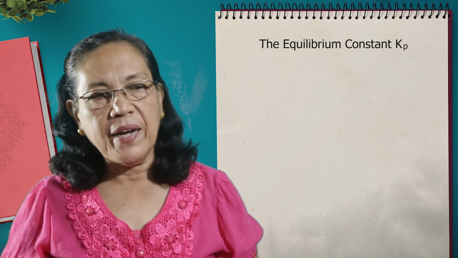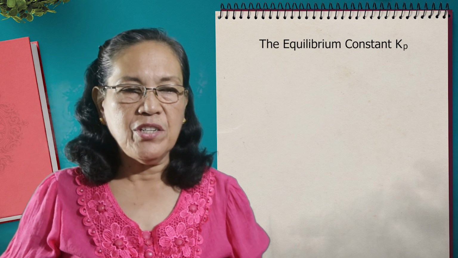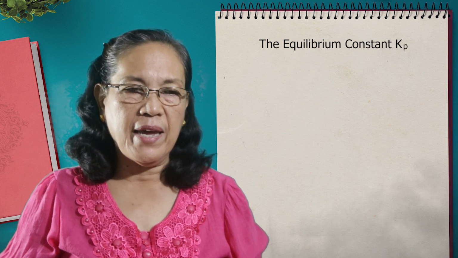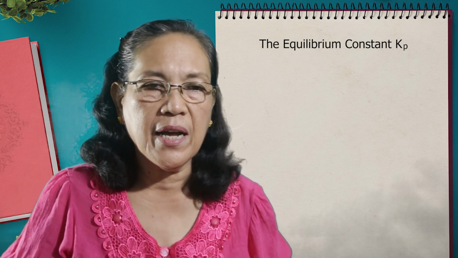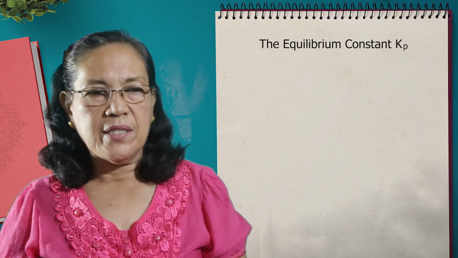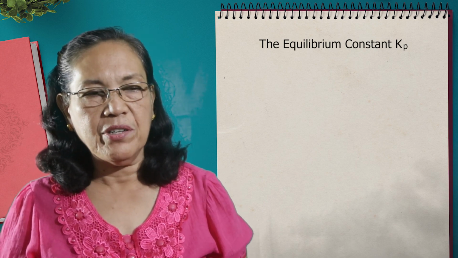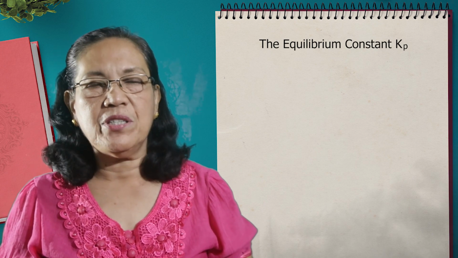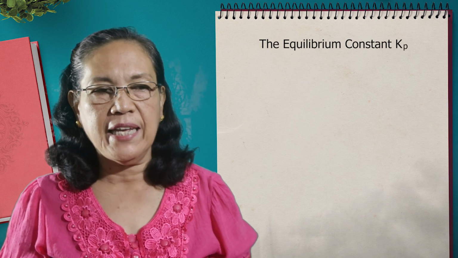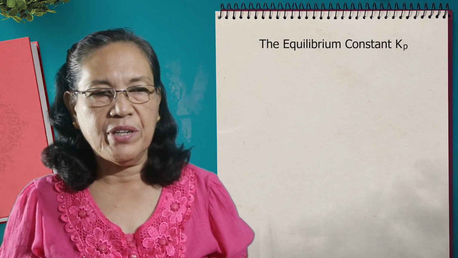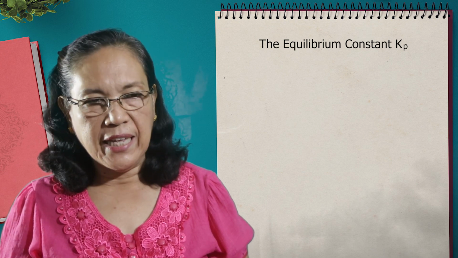So if we combine the concentration of water with the K sub A, or the ionization constant, we get the concentration of the hydronium ion times the concentration of the acetate ion divided by the concentration of the acetic acid.